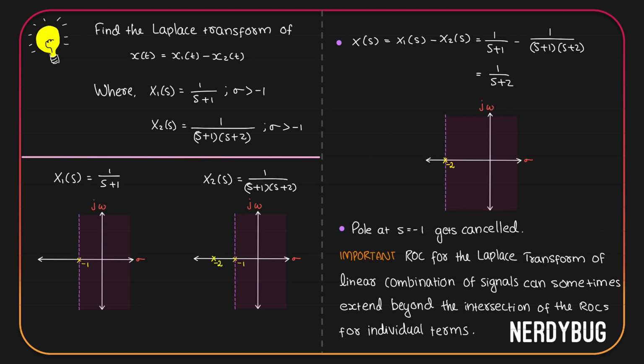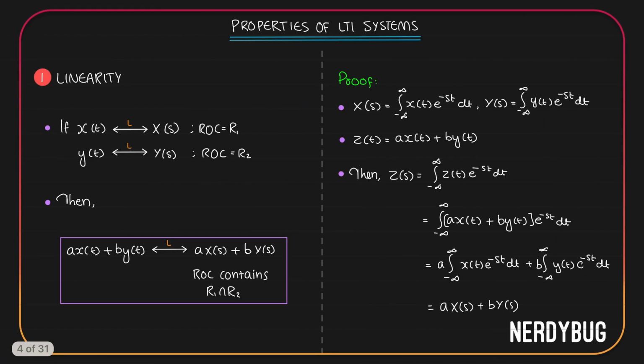Just like what we saw here, this does contain sigma greater than minus 1, but it also contains sigma between minus 2 and minus 1. That is why we wrote ROC contains R1 intersection R2 rather than ROC is equal to R1 intersection R2. Because in case a number of poles get cancelled, then ROC will be more than R1 intersection R2.